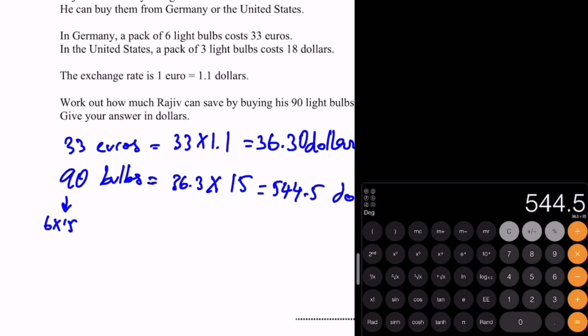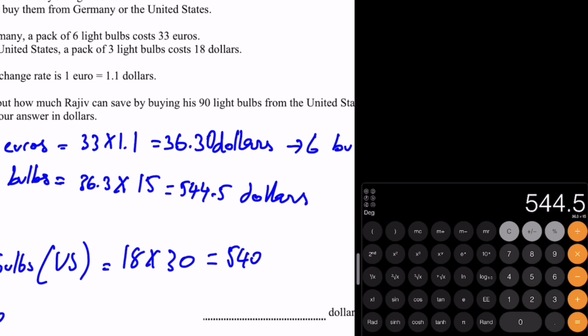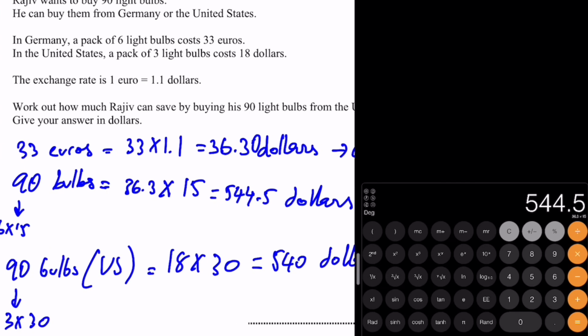Now we can find out for the United States. A pack of 3 light bulbs costs $18. That means 90 bulbs in the US will be 18 times 30, because 90 is equal to 3 times 30. 18 times 30, when we calculate this out, is $540, which is less than 544.5.